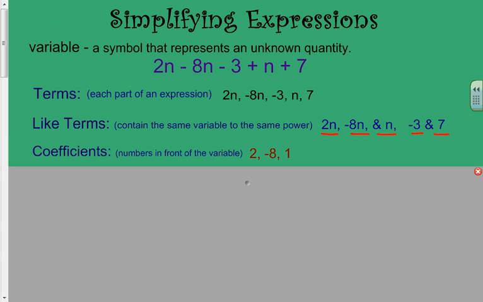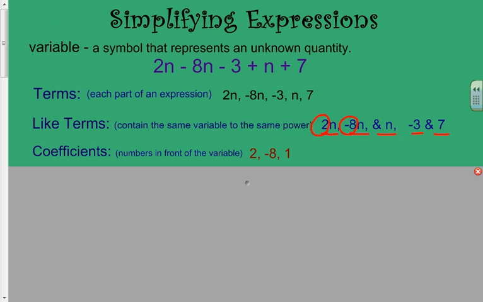The next term is coefficients. Coefficients are the numbers that are right in front of the variable. So in the first term up here, the 2 is a coefficient. The negative 8 is a coefficient. And what's in front of a variable that stands by itself is a 1.